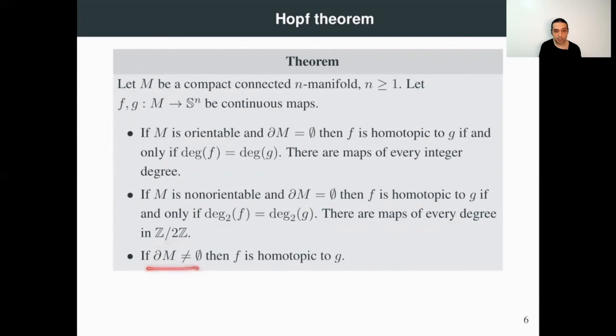If the boundary is non-empty, then F is always homotopic to G. So we are going to prove the first theorem. Indeed, it is almost already proved. The other two, you can check the proofs in the book, and the arguments are of similar type.